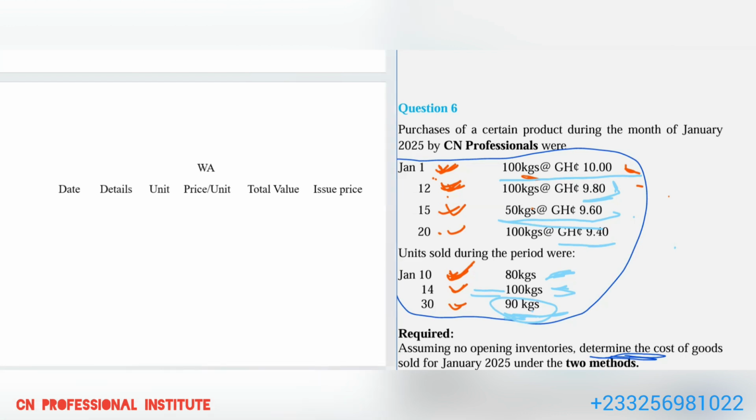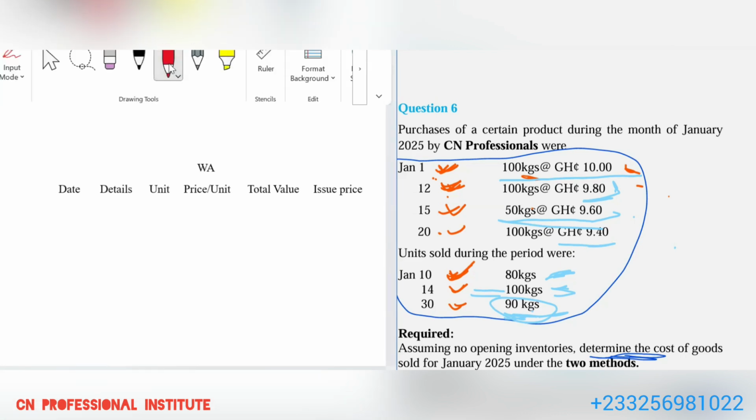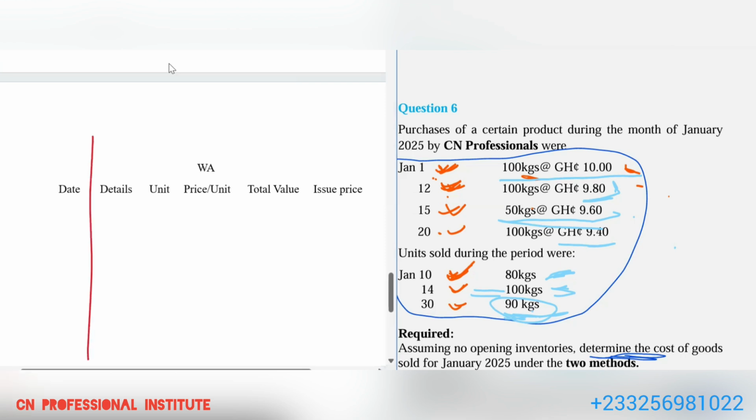So date, let me draw again. So I have my dates here, then my details here.